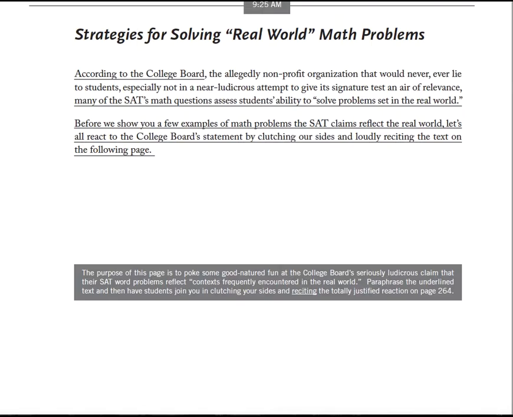Odds are that you actually might have just made careless errors. Or more precisely, the test induced you to make careless errors. So again, part of what we're going to focus on here today are strategies to avoid the SAT's tendency to try to trick us into making careless mistakes.